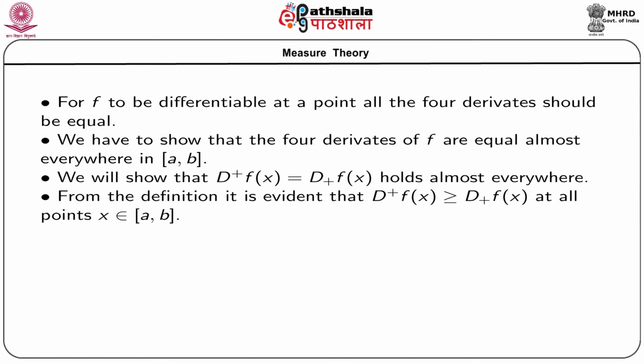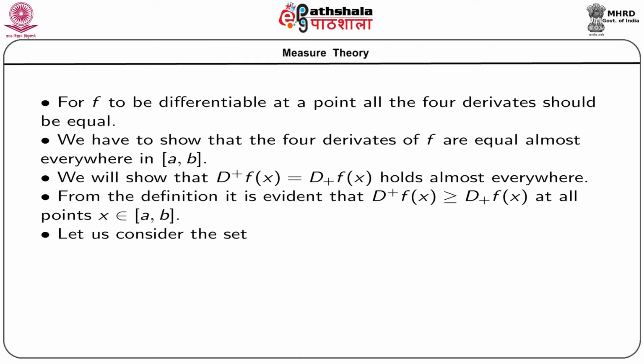From the definition, it is evident that D upper plus f(x) is greater or equal to D lower plus f(x) at all points x belonging to closed interval [a, b], because D upper plus f(x) is the lim sup and D lower plus f(x) is the lim inf of the same set of real numbers. So, let us consider the set capital A as the collection of all x belonging to closed interval [a, b], where D lower plus f(x) is strictly less than D upper plus f(x).